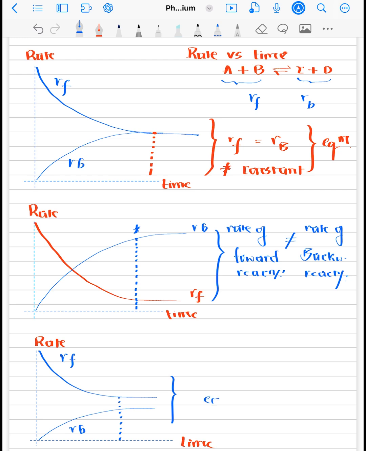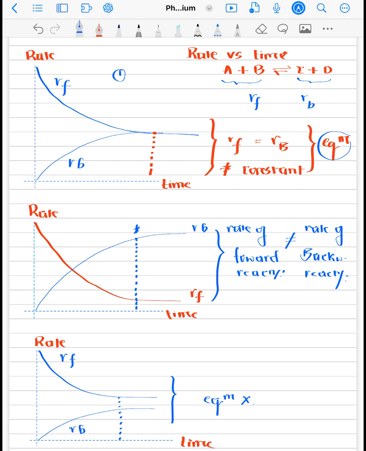So again, in such situations we will not consider the system to be in equilibrium. So only one system is in equilibrium when we consider the rate versus time graph, and that is graph number 1, right? This is a very, very important graph that one should remember. So now let's proceed further.